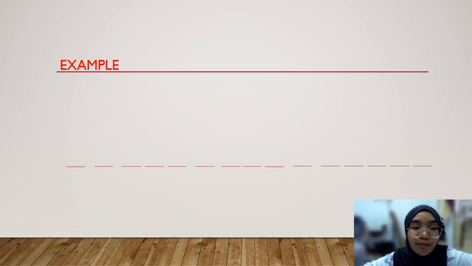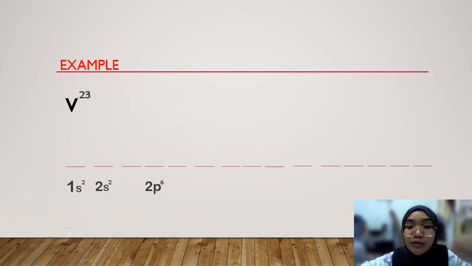So let's move to the last example, which is vanadium. Vanadium has an atomic number of 23. The first thing we need to do is identify the electron configuration of vanadium, which is 1s2, 2s2, 2p6, 3s2, 3p6, 4s2, and 3d3.